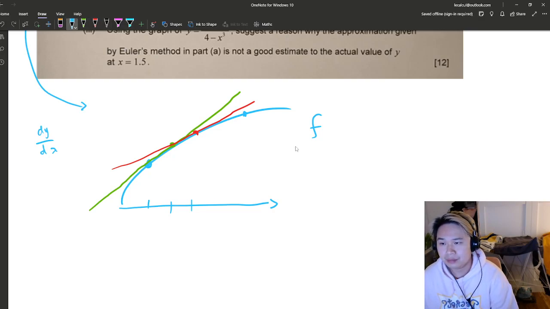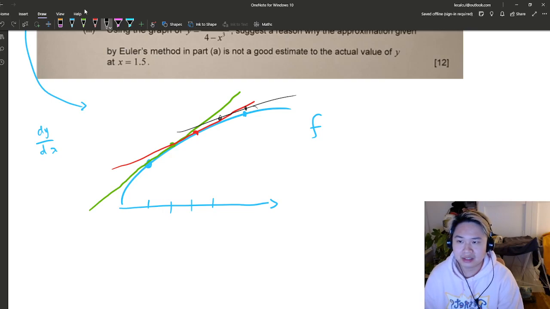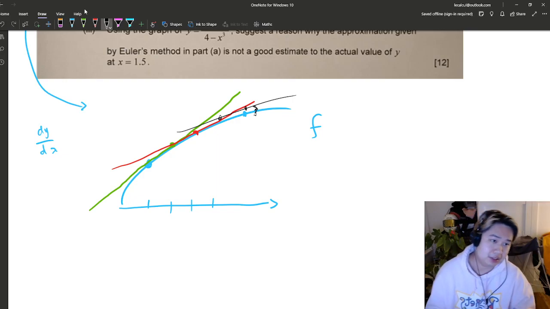Take another step, find out what coordinate on the linear line, and then we keep going until we get a decent approximation. And as you can see, there is room for error, but it's pretty close.